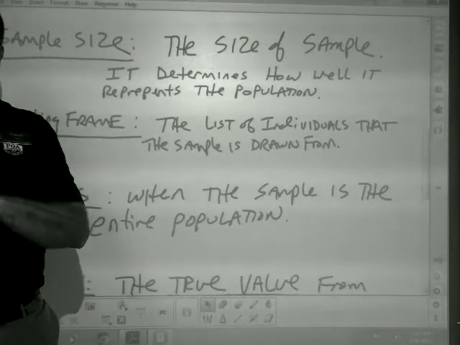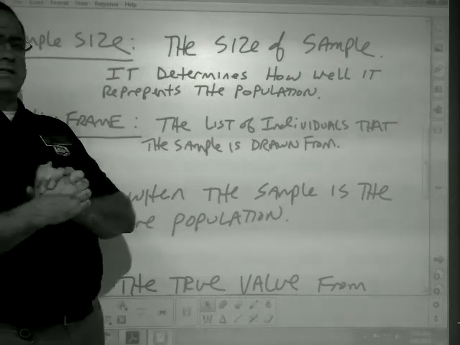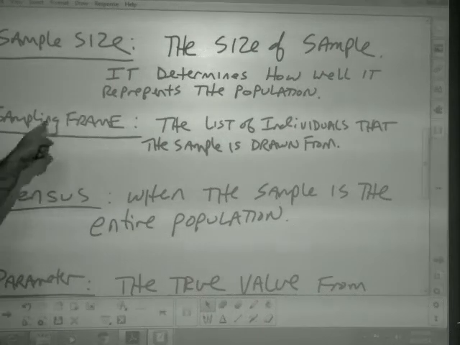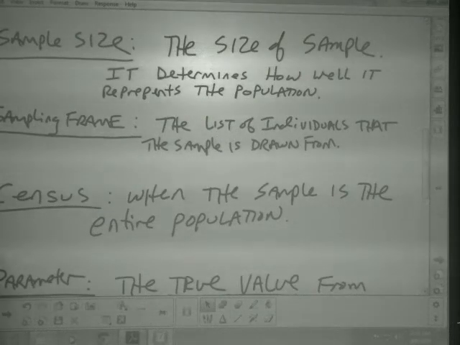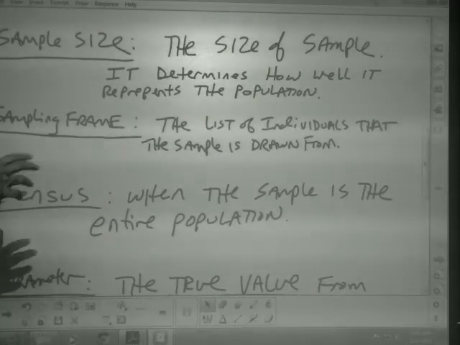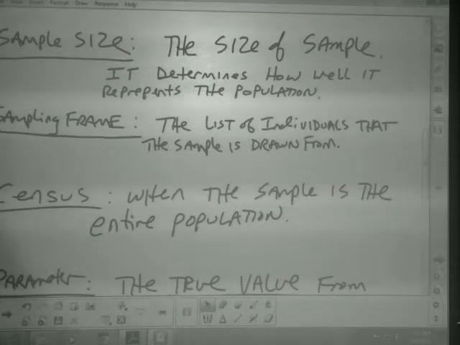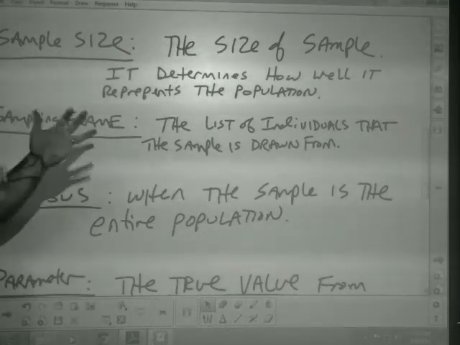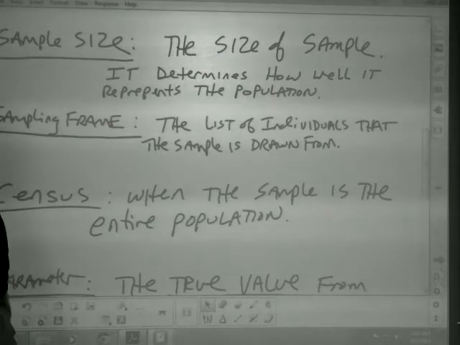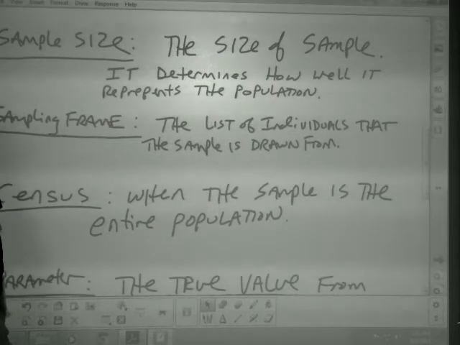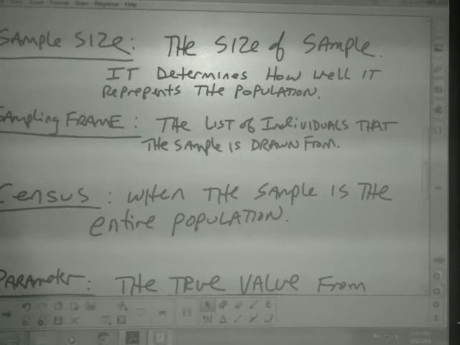I take a list of Arcadia students and I select from them. The Arcadia students then are my sampling frame. That's who I'm picking my sample from. And from there I might pick 30, 40, 50 Arcadia students. But the frame itself is the Arcadia kids that I'm picking from. The frame isn't always your population. My population might be all Greece high school seniors.